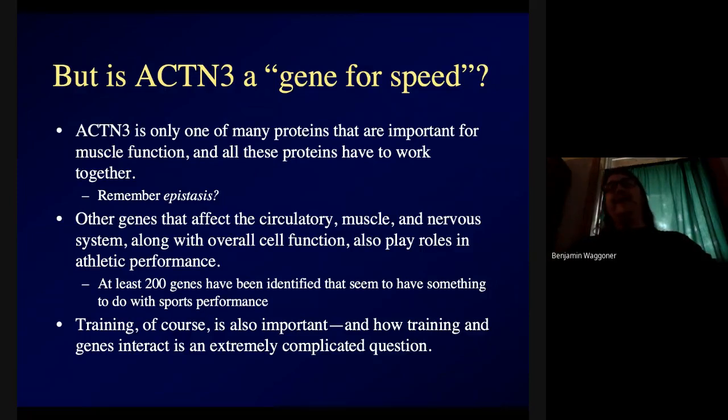In fact, they've identified at least 200 genes that seem to have something to do with your sports performance. Genes that affect your body's ability to transport oxygen, heart function, nervous system. Lots of genes play roles in athletic performance. There is no single gene for being a great athlete.